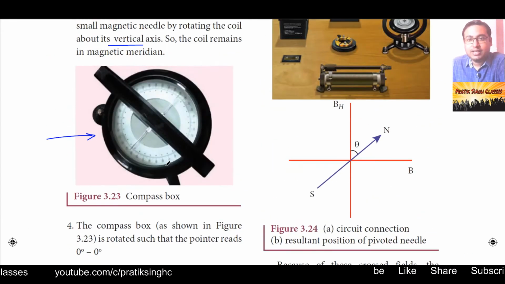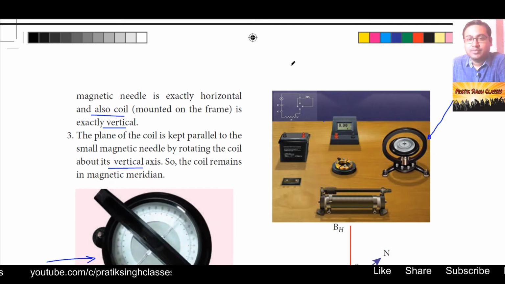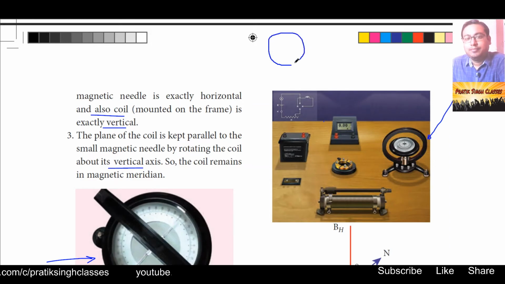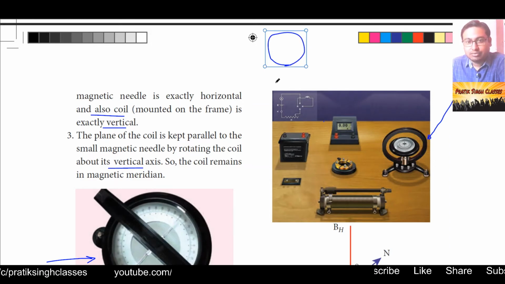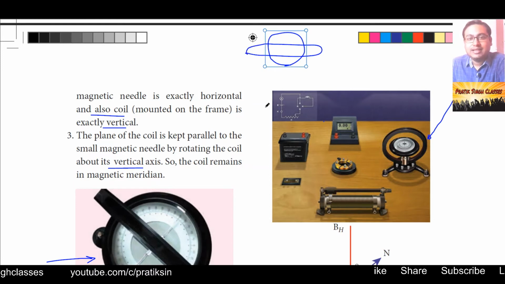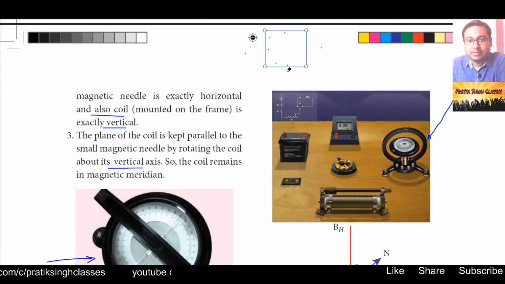So here you can see that there will be 2 magnetic fields, one line vertical to the coil and one line horizontal, in the direction of Earth's magnetic field component, that is the horizontal component of Earth's magnetic field. All right, coming back to the theory.